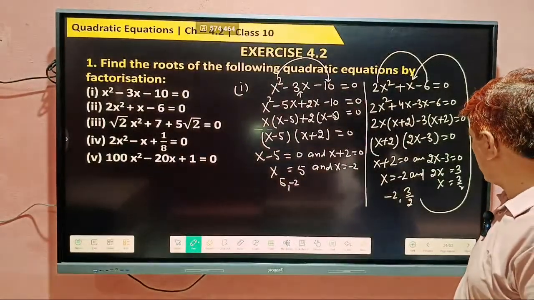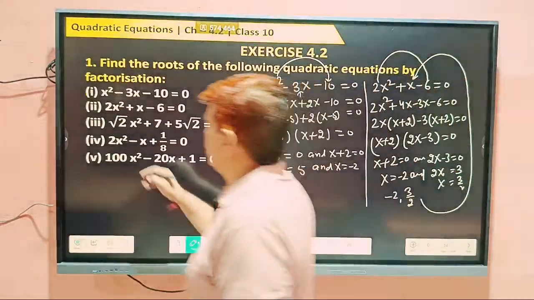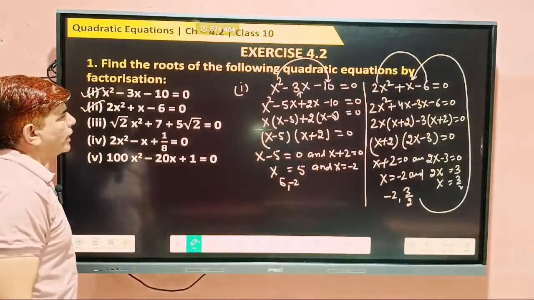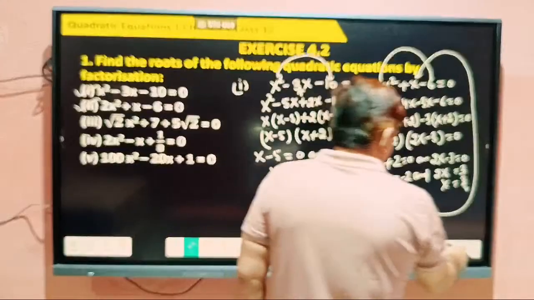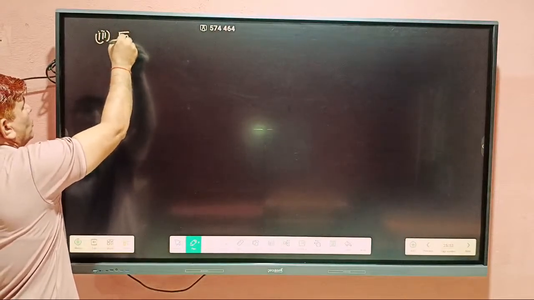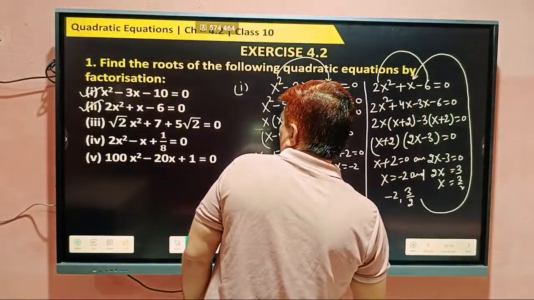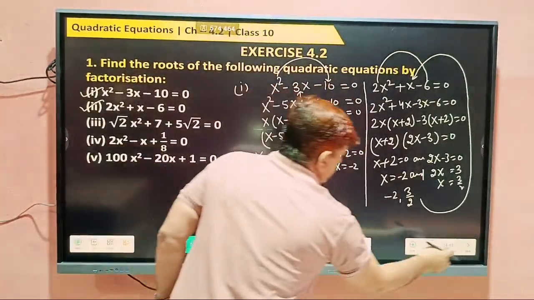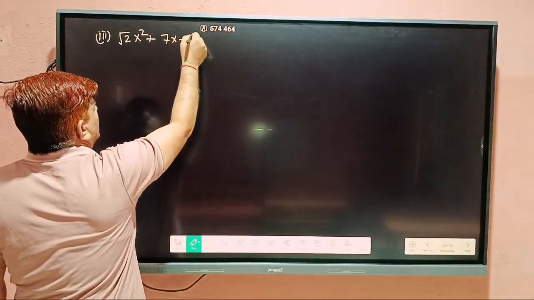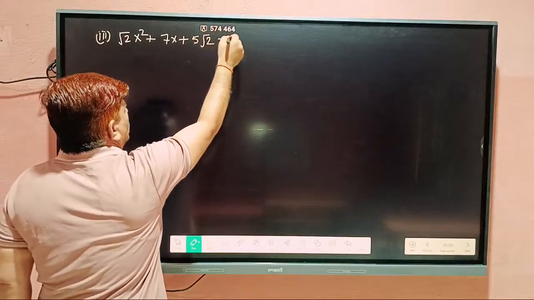So next is the third part. What's its statement? First we solved, second we told, now this is the third one: root 2 x square plus 7x plus 5 root 2 equal to 0.